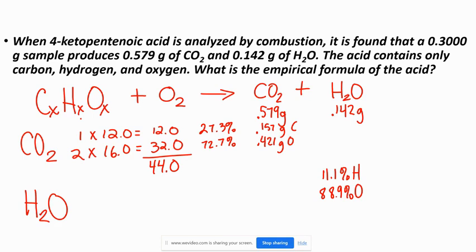The grams of hydrogen, you should have ended up with 0.0158 grams of hydrogen, and I should have ended up with 0.126 grams of oxygen. Good? Zero, yeah, this is a 0 here.